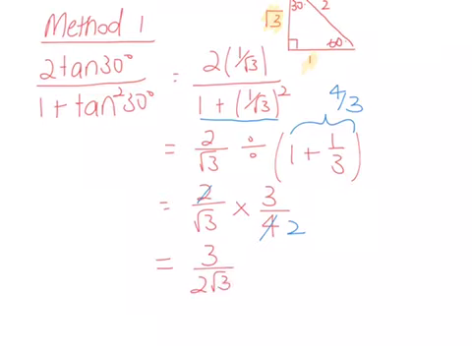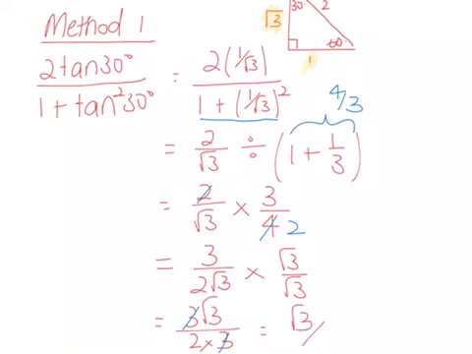Now our surds work tells us that we should rationalise this denominator, so we'd multiply by root 3 on root 3, giving us a total of 3 root 3 on 2 times 3, and again having another common factor that we can cancel, leaves us with a final result of root 3 on 2.